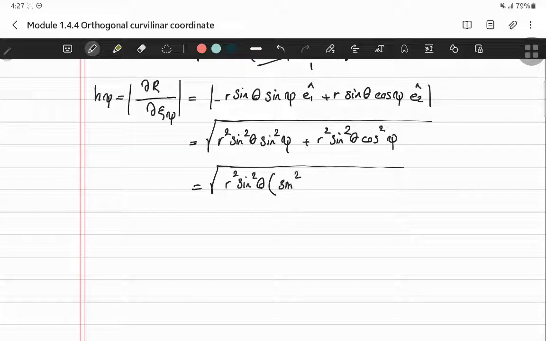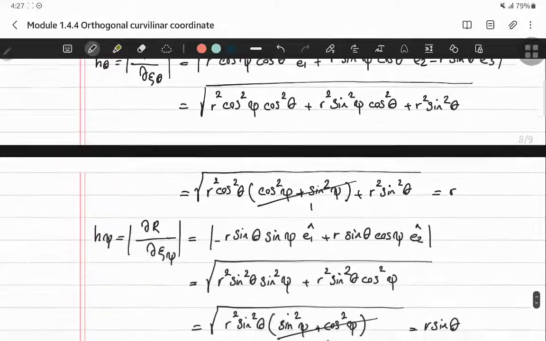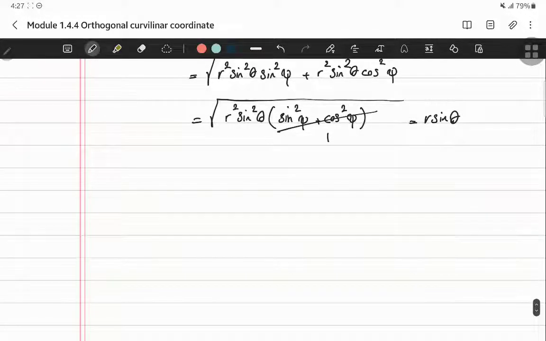This is sine squared psi plus cosine squared psi. This is 1, and this is basically r sine theta. So now we have h theta and h psi for this coordinate system.